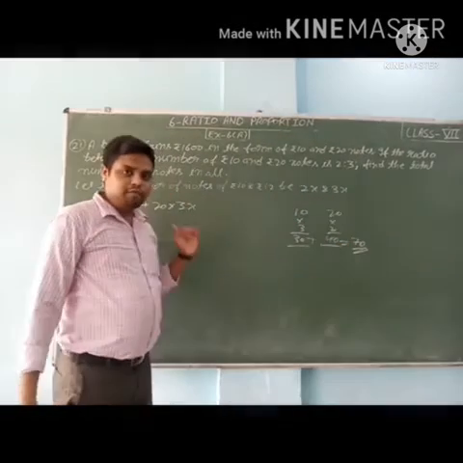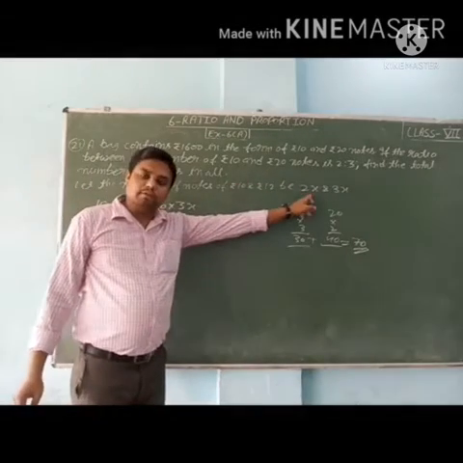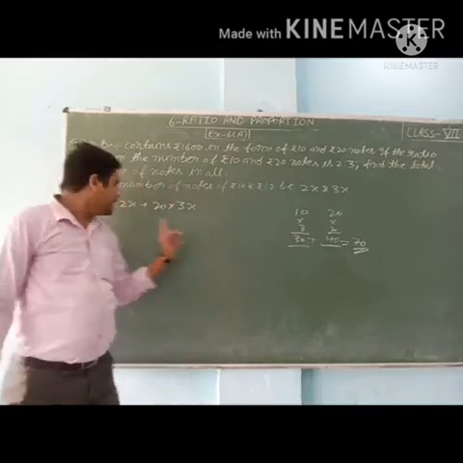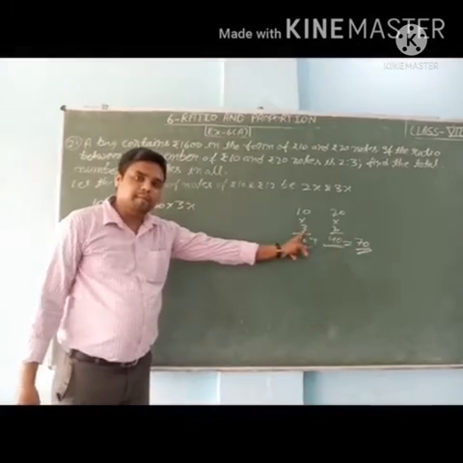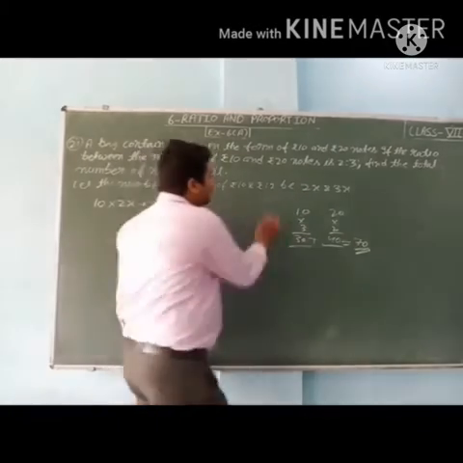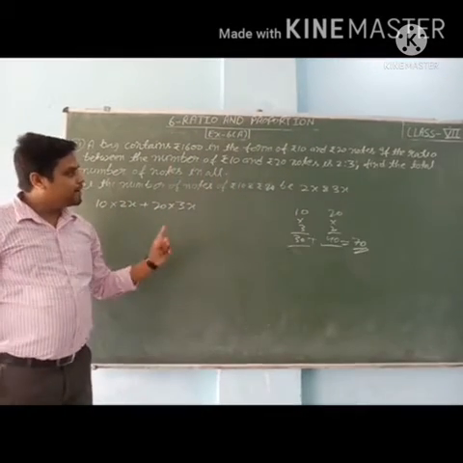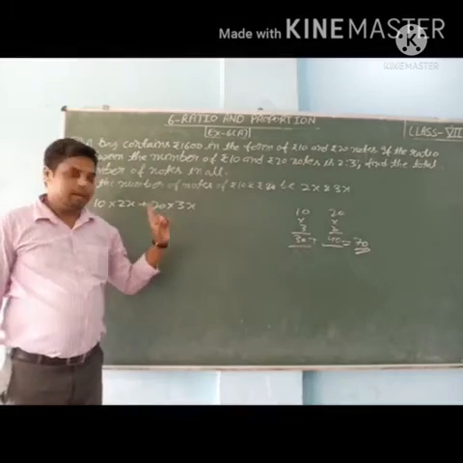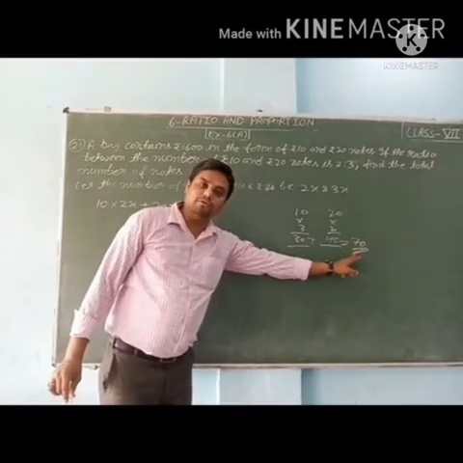In the same way, how many notes of rupees 10? 2x. So rupees 10 multiply 2x. Then rupees 20, how many notes? 3x notes. So 20 multiply 3x. And addition of both. Like here 30 plus 40 is equal to 70.